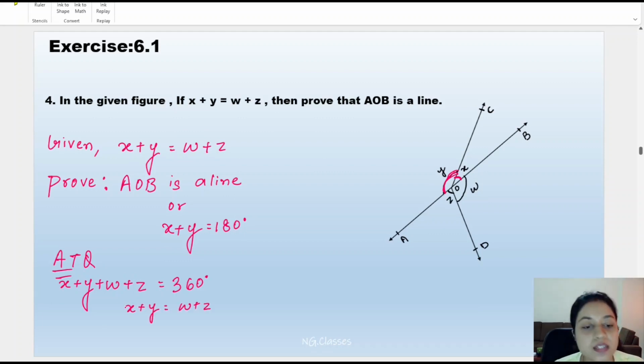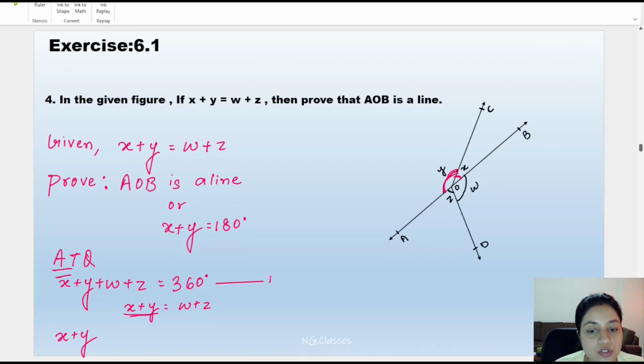So can we write x plus y in place of w plus z? So let's write it: x plus y in equation 1, keeping it as it is, and in place of this w plus z, we are substituting x plus y, because both are the same, is equal to 360 degrees.